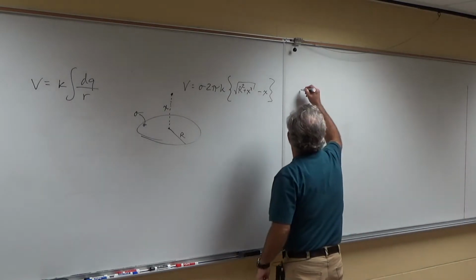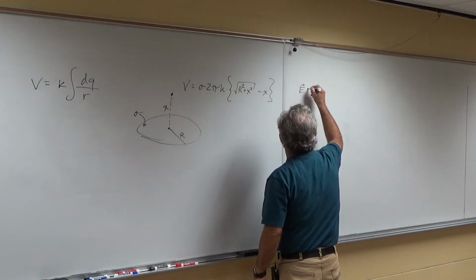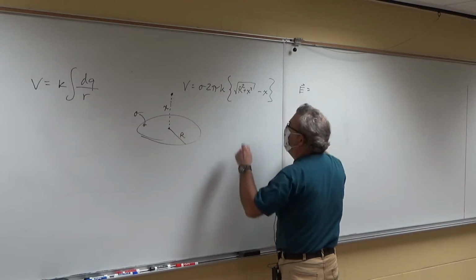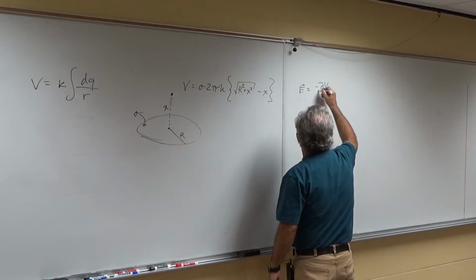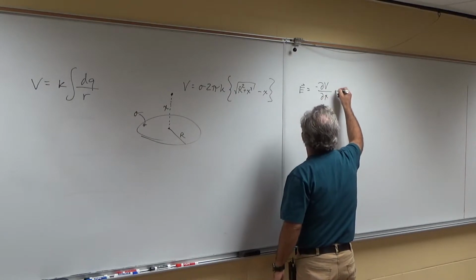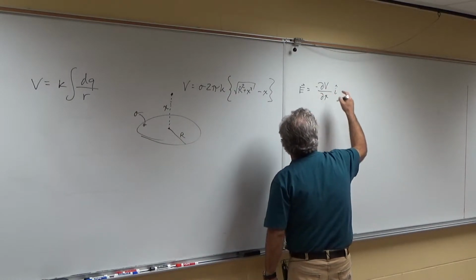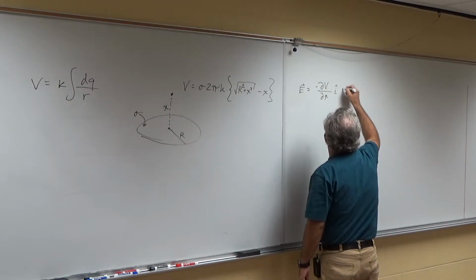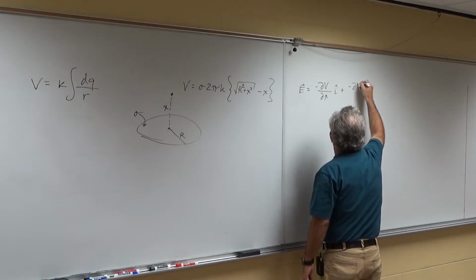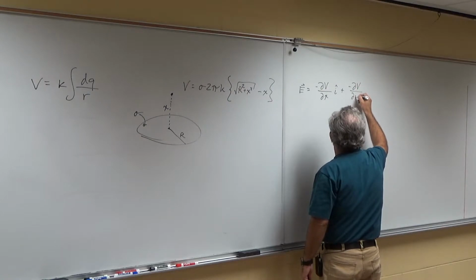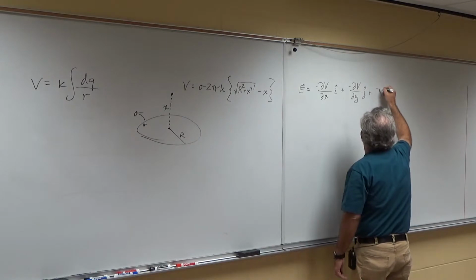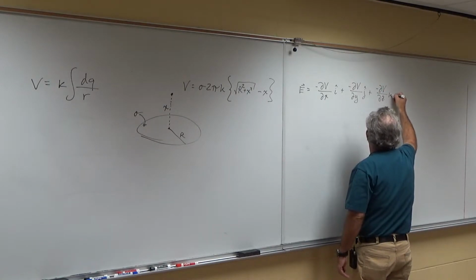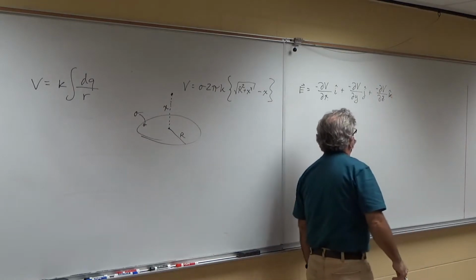So going the other way, if you want to know the electric field based on some potential you calculate, it's the negative of the partial of V with respect to x times i hat, plus the negative of the partial of V with respect to y, j hat, plus the negative of the partial of V with respect to z, k hat. Okay?